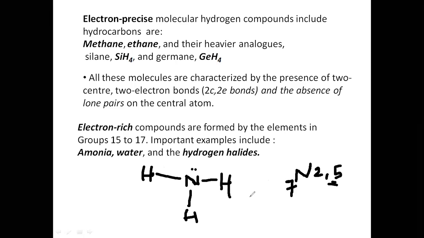And therefore this ammonia is an electron rich hydride. Remember the point. Therefore, ammonia is the electron-rich hydride.